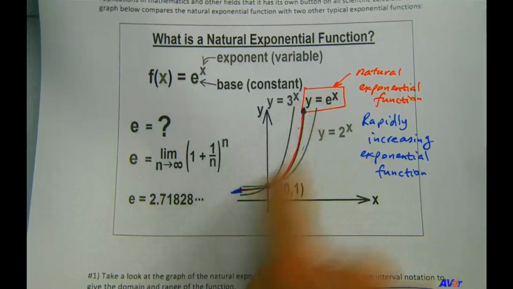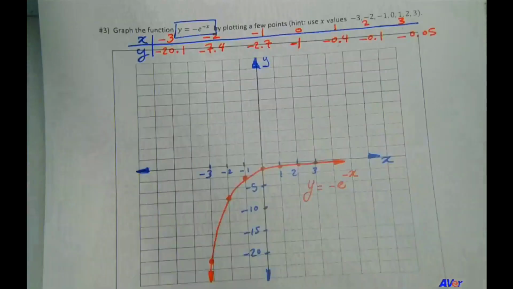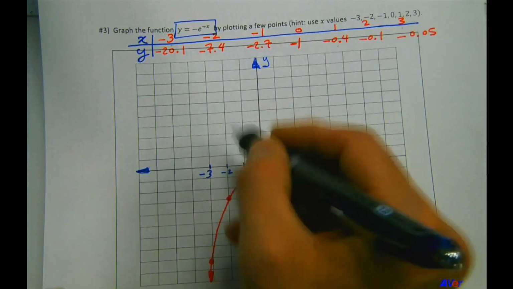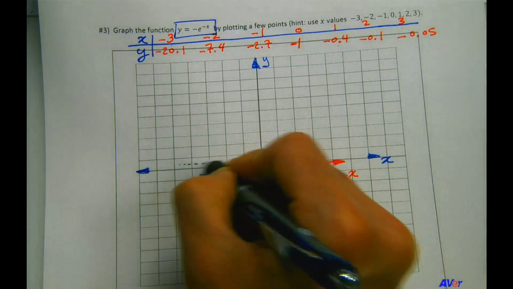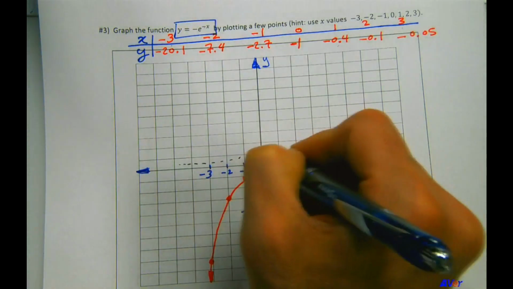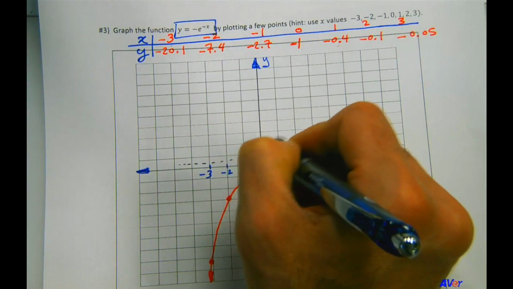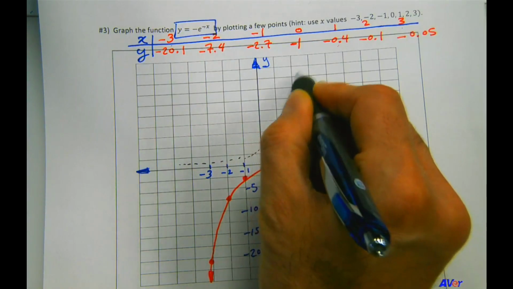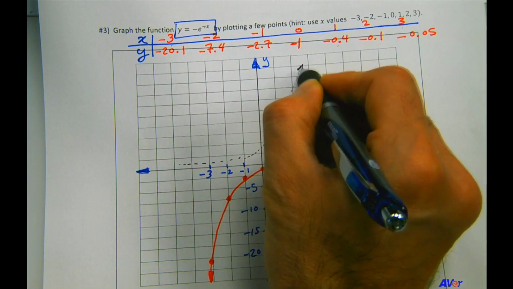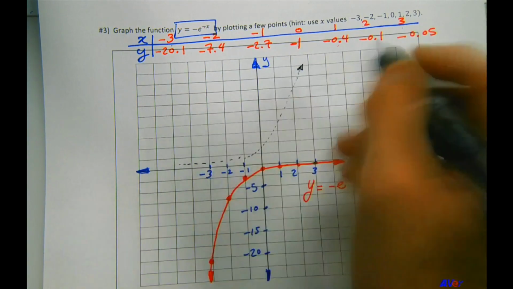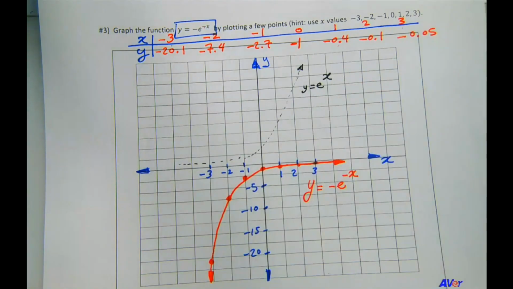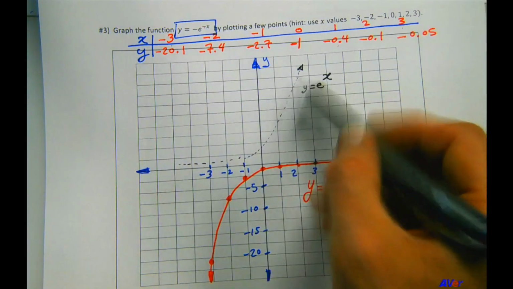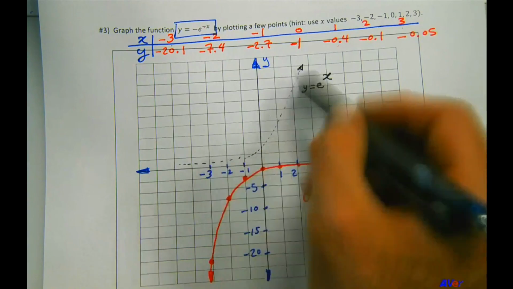So that behavior, let me draw it with a dashed line. Something like that. So that would be y equals e to the x.